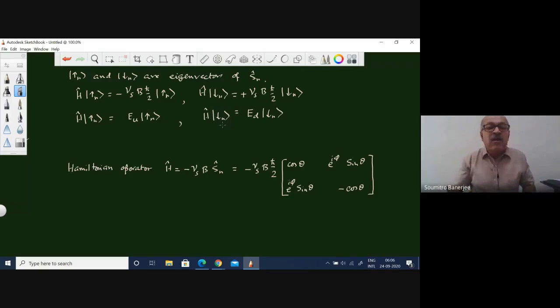Notice the similarity of these equations with what you learned earlier, maybe last semester, regarding the time-independent Schrodinger equation. There, the Hamiltonian operating on an eigenfunction gave the eigenvalue times the eigenfunction, the same thing. So this is basically the time-independent Schrodinger equation in the spin domain. And it is clear that these are the energy eigenvalues, E up and E down, right?